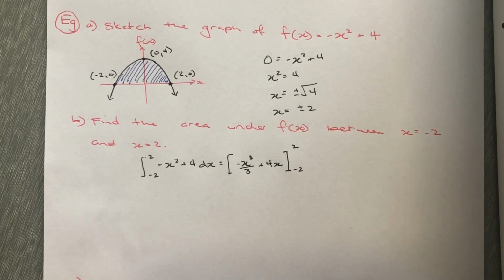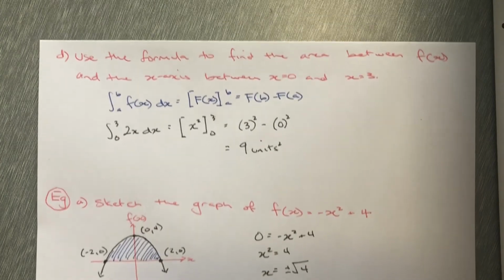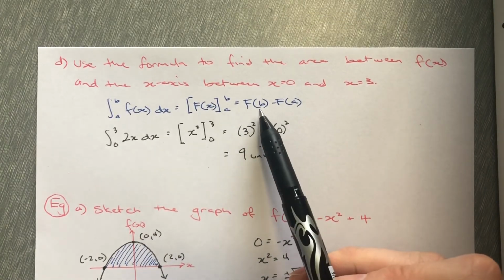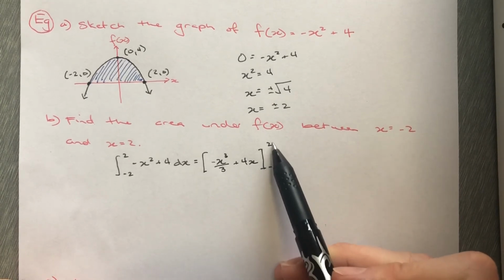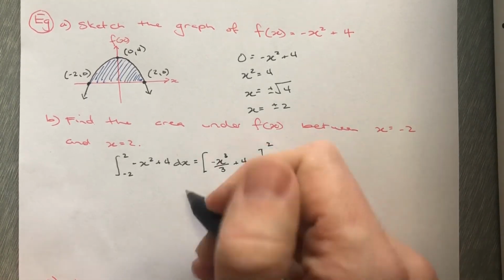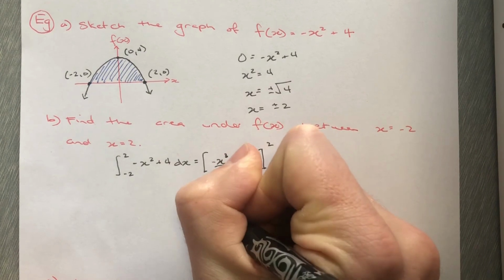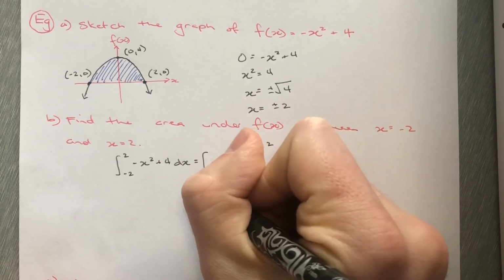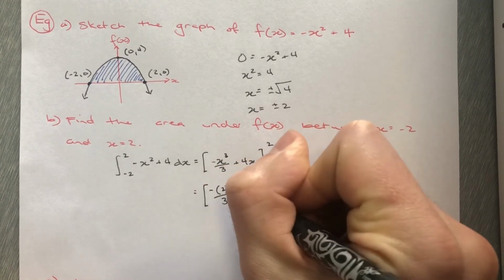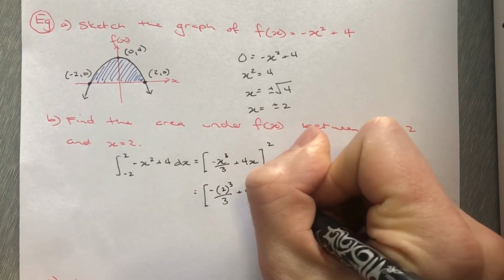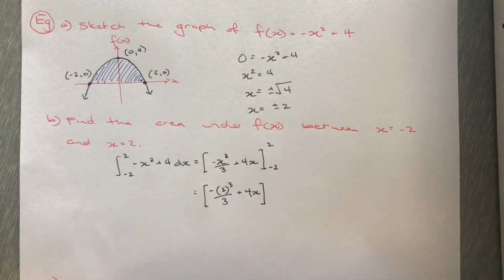So we want to find capital F of b. So we're substituting b in, which is this one here. So this is going into the x's. Okay, there's my F of b.